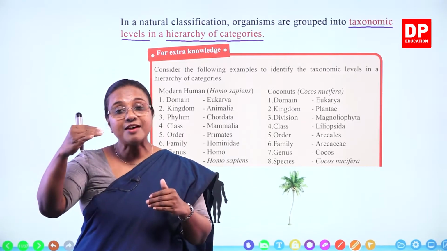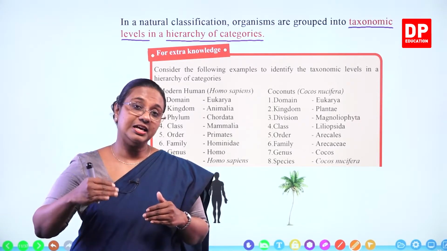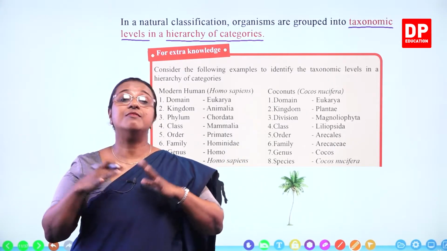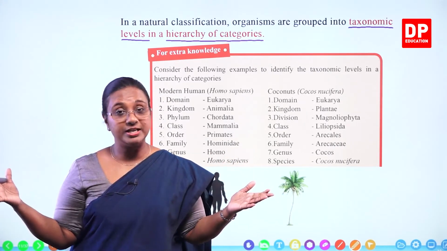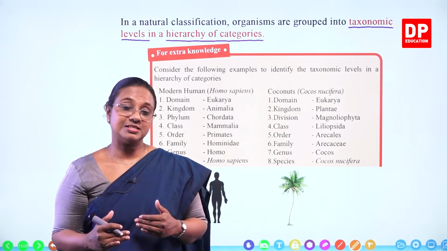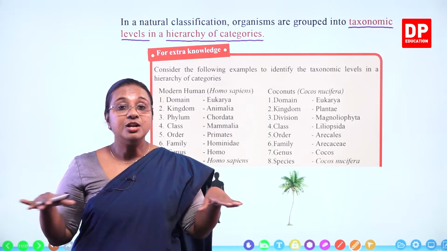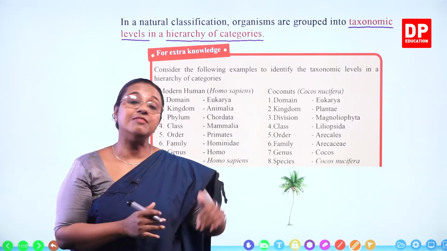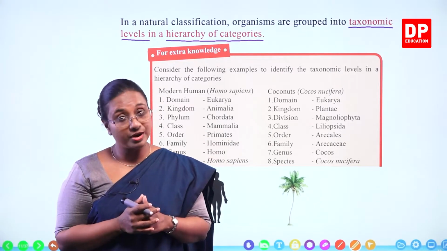So when we have that order, the hierarchy, starting from the highest group, which will include a very large number of organisms, as you go down the hierarchical levels, you can come to the lowest level where there will be comparatively less number of organisms.